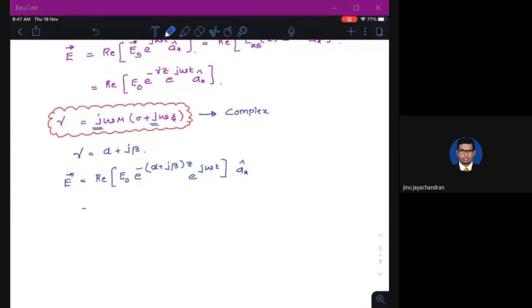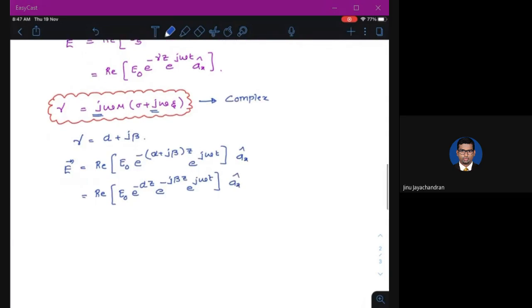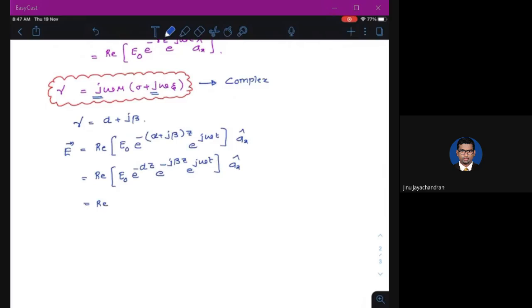So this is equal to real part of E0 e raised to minus alpha z e raised to minus j beta z e raised to j omega t x cap, and by combining the j terms, e raised to minus alpha z into e raised to j into omega t minus beta z into x cap.